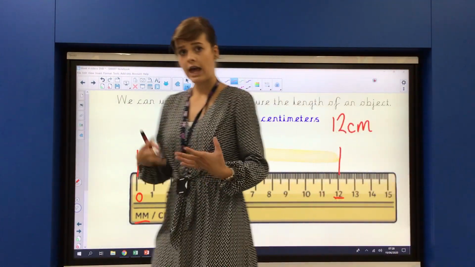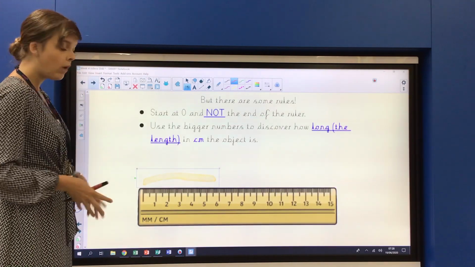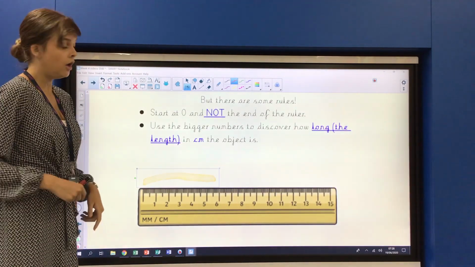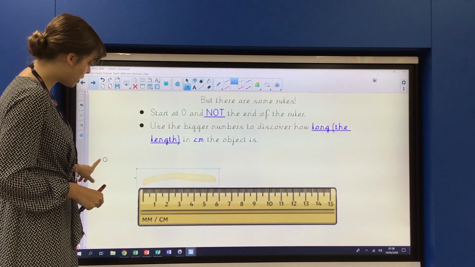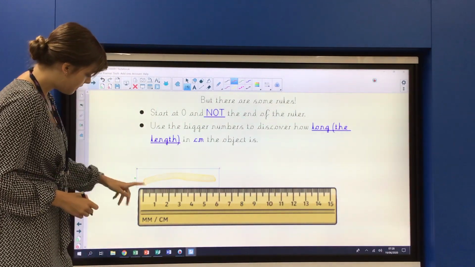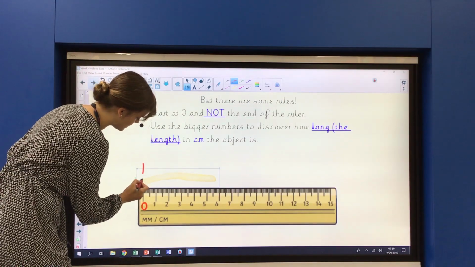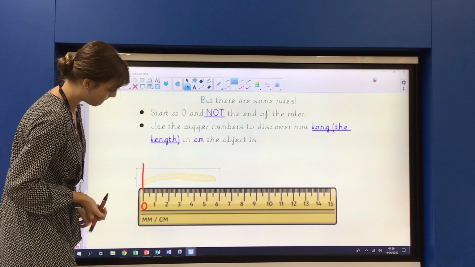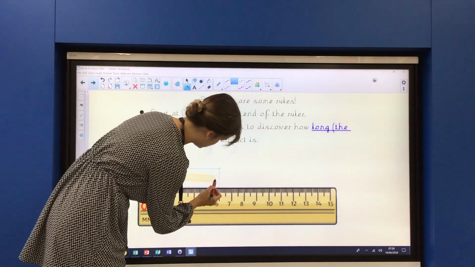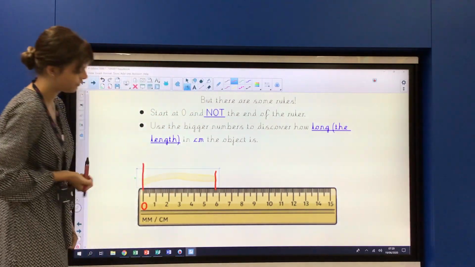And some of us looked at yesterday actually measuring with millimetres. Okay, so again what we're going to do is just remind ourselves of the ruler rules, and this chip starts at 0 centimetres, so that's really good, and it ends about there.